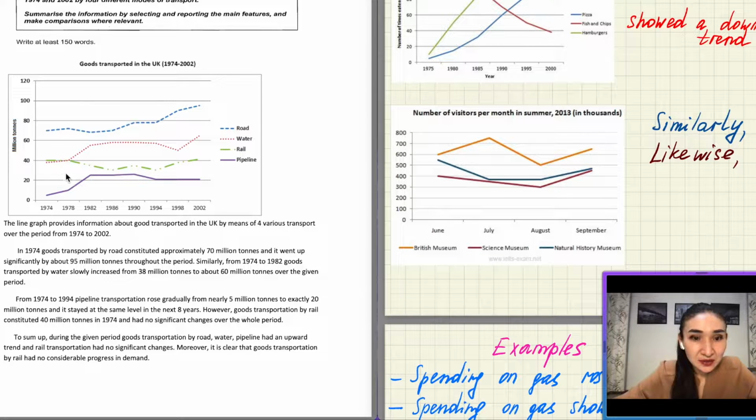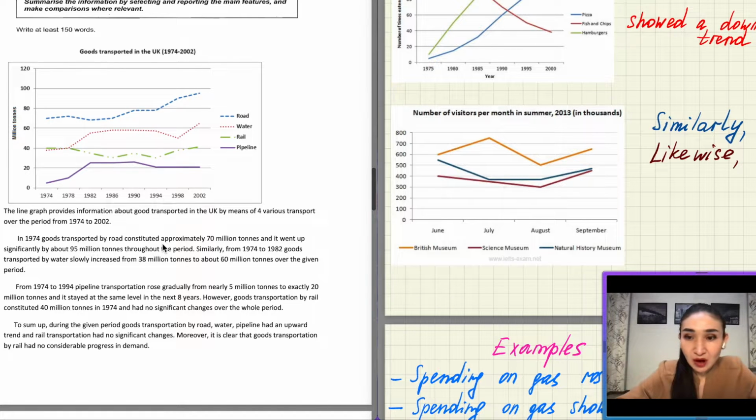From 1974 to 1982, goods transported by water slowly increased from 38 million tons to about 60 million tons over the given period. So it increased from approximately 38 to about 60 million tons over the period, or over the given period, in case you want to use more words.